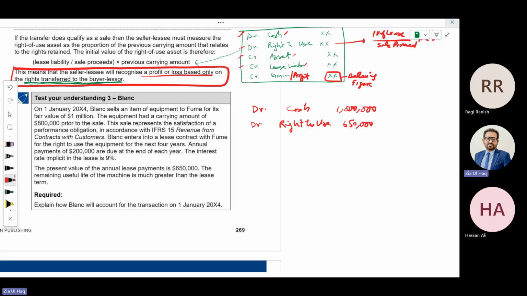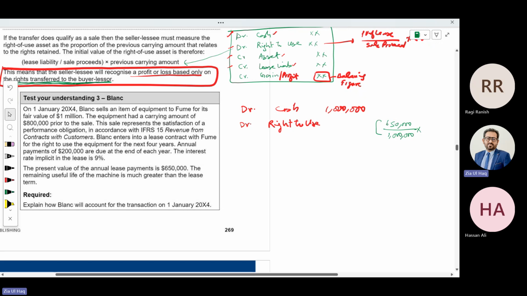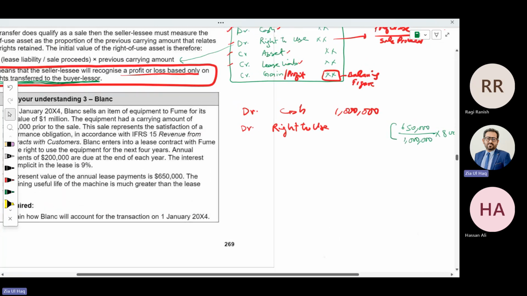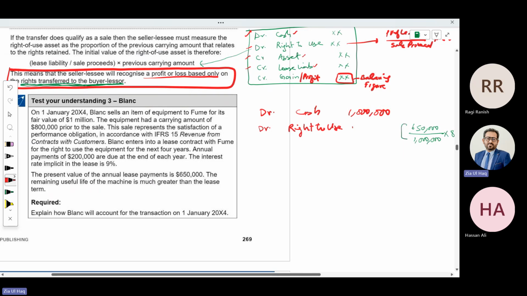650? No, we need to calculate using a formula. How? That is 650 divided by sale proceeds, that is 1 million, multiplied by what? 800,000, the carrying value. So please give me the value. 520,000.